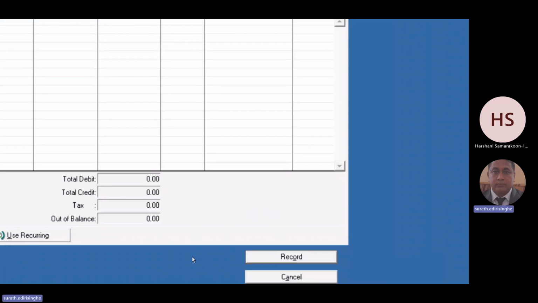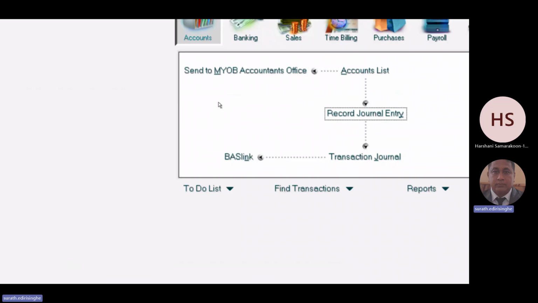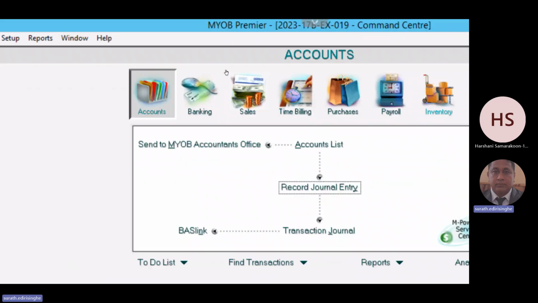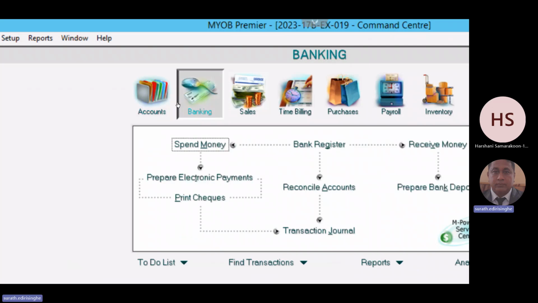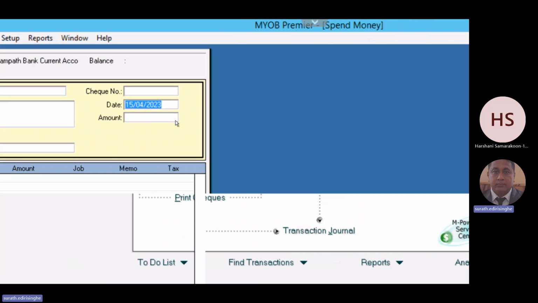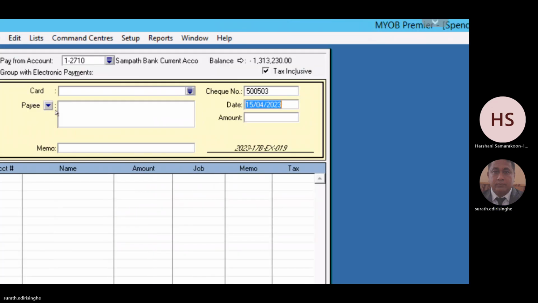Then my payment, as said by our accountant lady, the payment on 25th. Go to the banking module. Now type here salary.